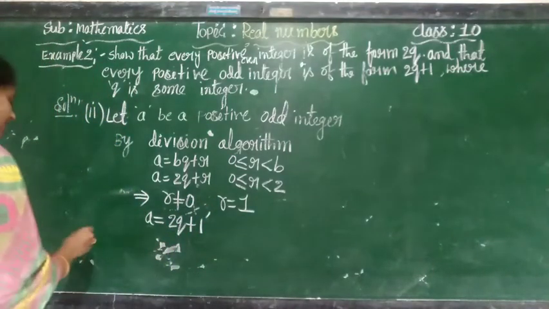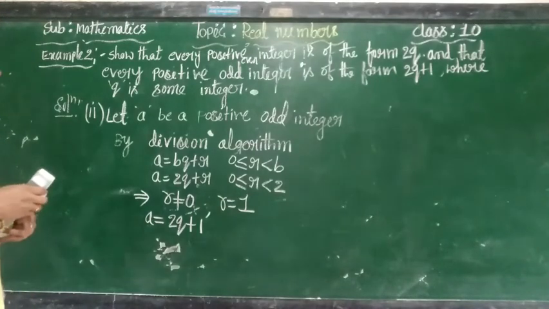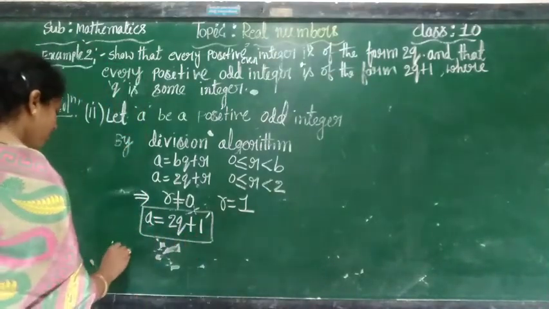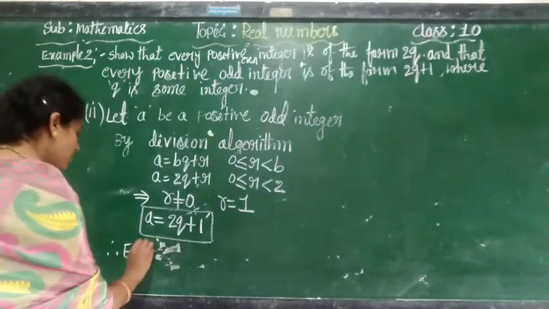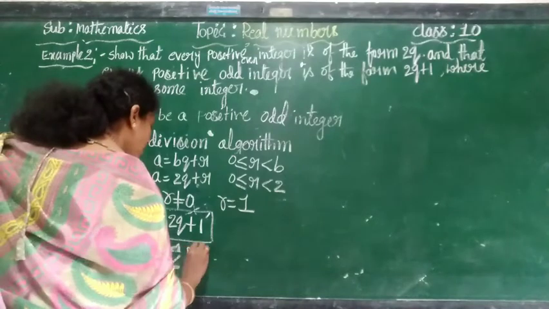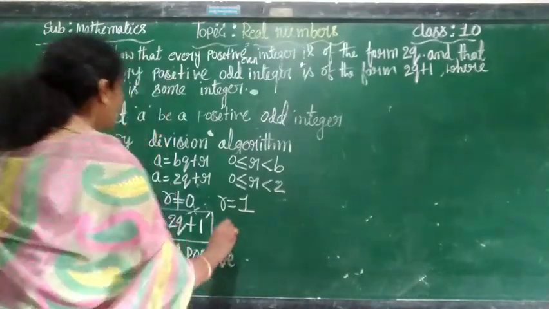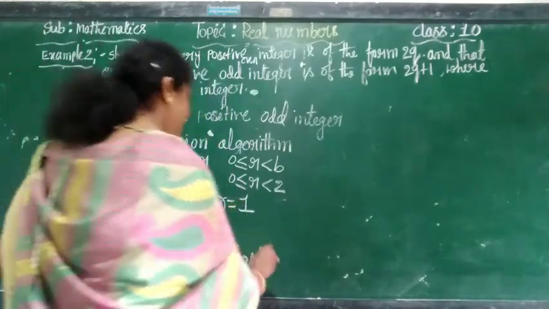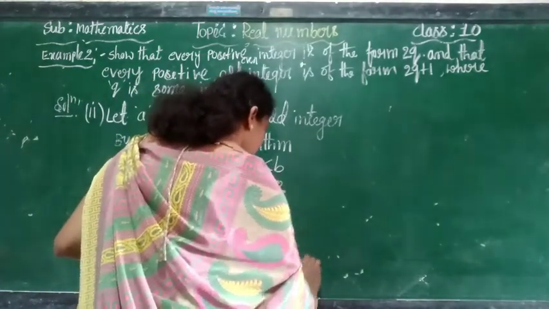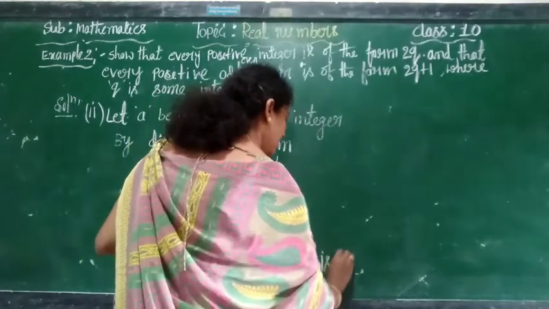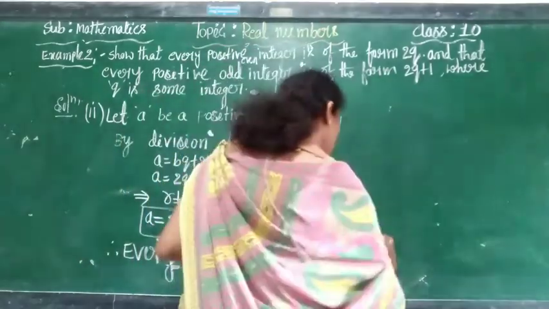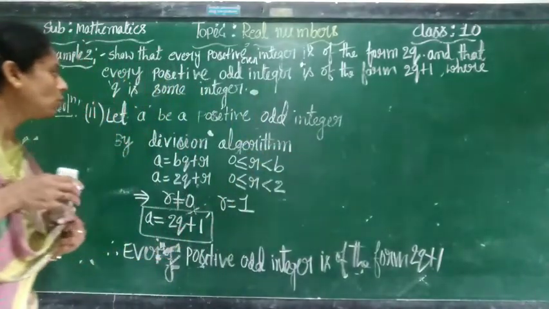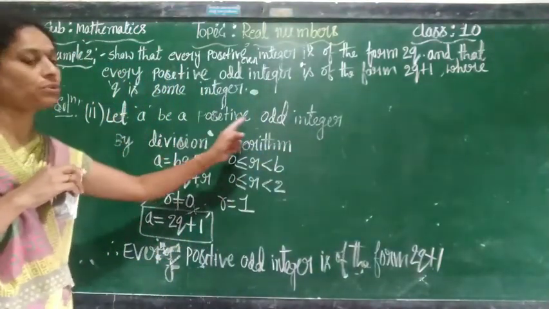Therefore, every positive odd integer is of the form 2q plus 1.